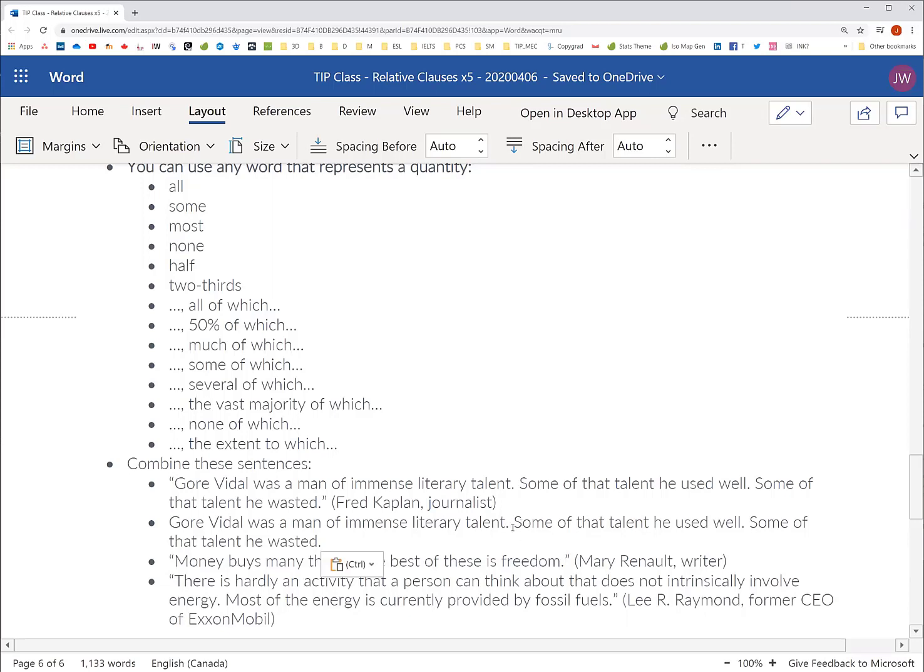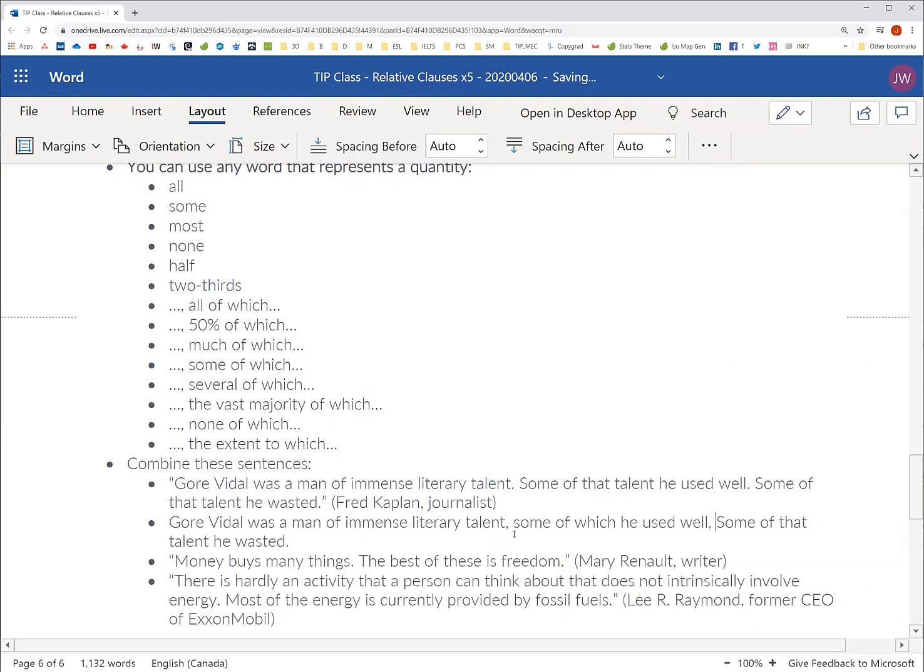Gore Vidal was a man of immense literary talent, some of which he used well.